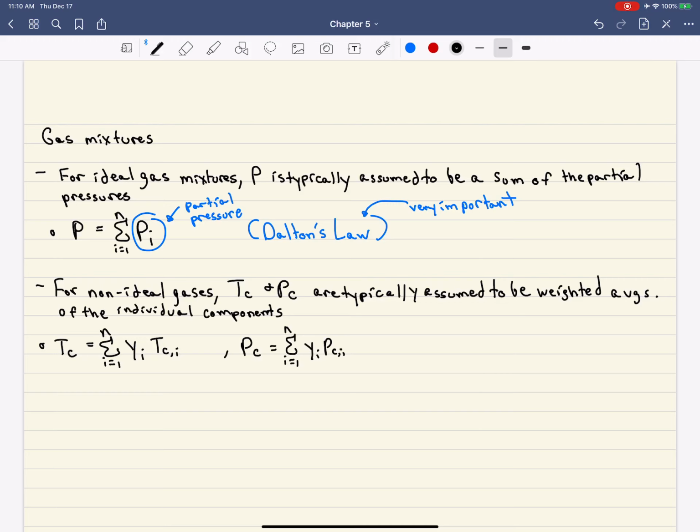This approach is known as Kay's rule. And then once you calculate these weighted Tcs and Pcs, you would then estimate your compressibility factor by still using the compressibility chart.